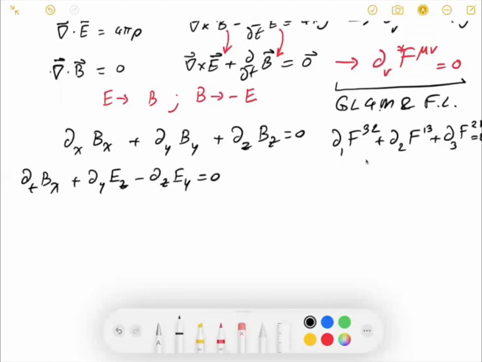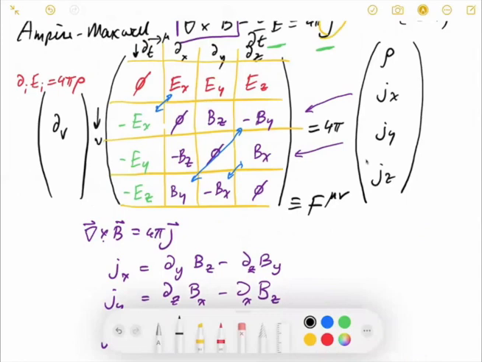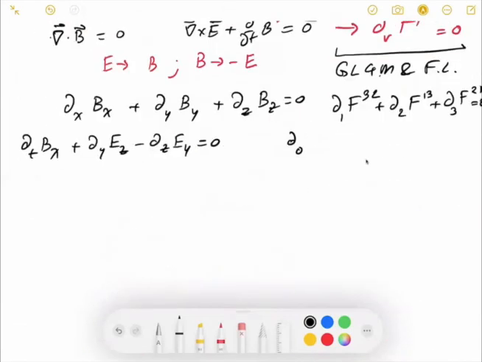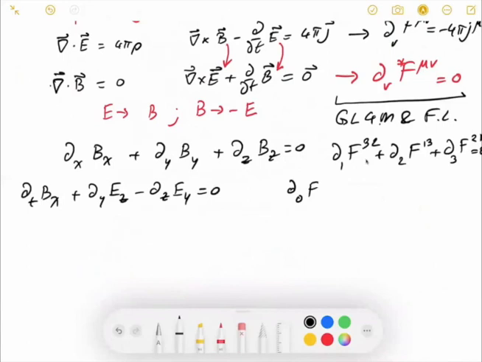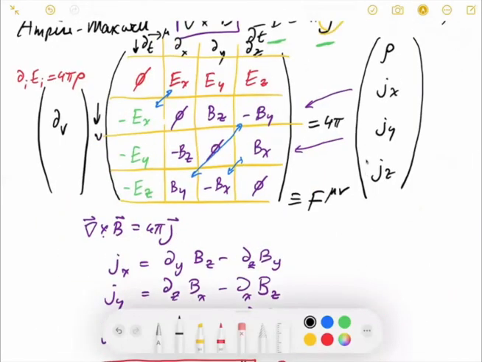Now del t would be del 0, and Bx, okay, where's Bx? Bx is 3, 2. So that's F 3, 2 plus del y. Now del y is del 2. Okay, Ez. Where's Ez? Ez is 3, 1.